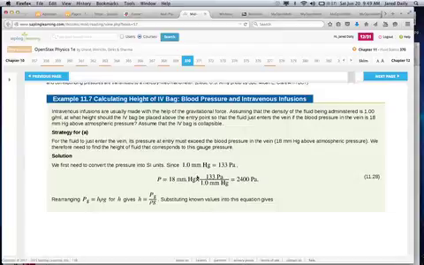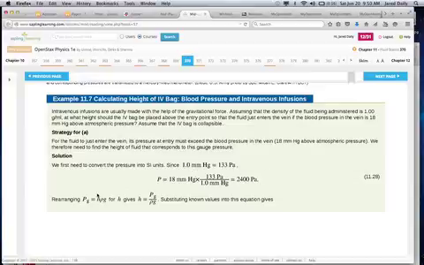Turns out that 1 millimeter of mercury is about 133 pascals. So we just take our 18 millimeters, multiply it by that conversion, and we get 2400 pascals for the pressure that we need so that we can have the fluid from the IV bag flowing into the vein. If it's less than 2400 pascals, the blood will flow from the vein into the bag, and we don't want that. So we want it to be more than 2400 pascals.